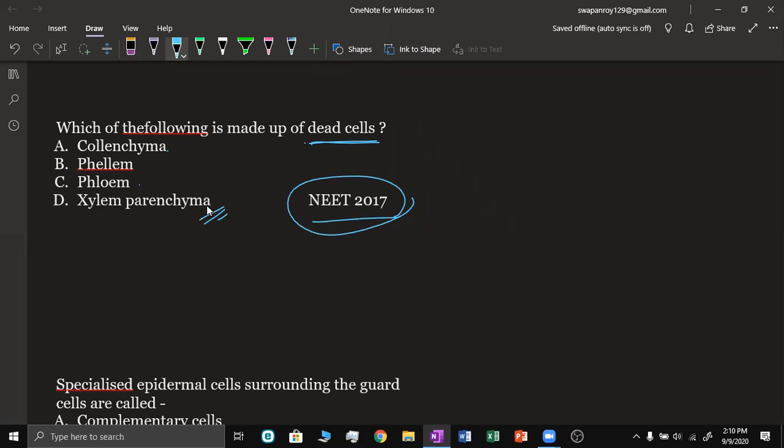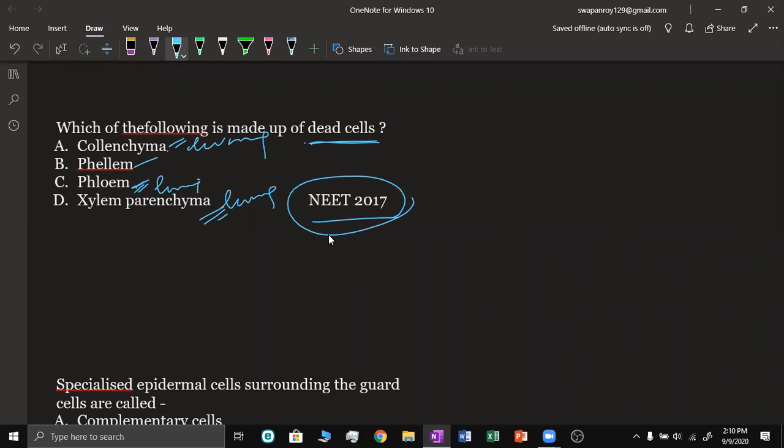Xylem is a dead tissue because xylem vessels and tracheids are dead. Phloem is mostly living. Sclerenchyma is living. This is all living. This is mostly living. Okay.